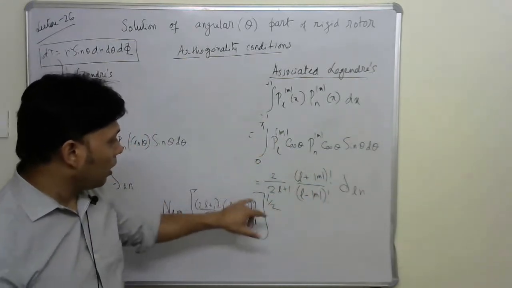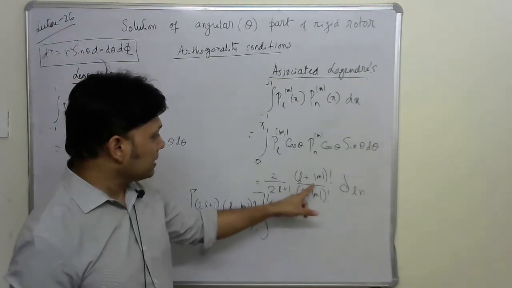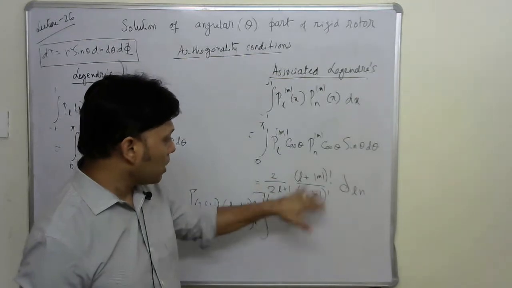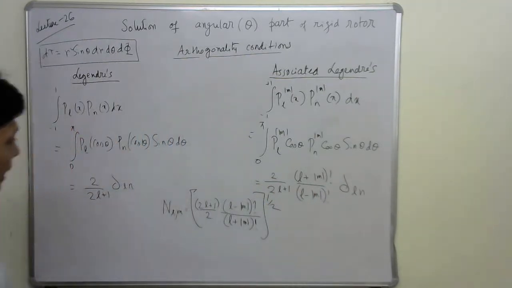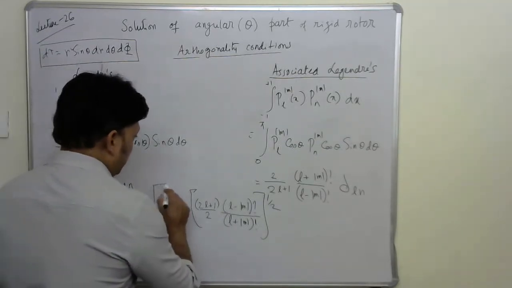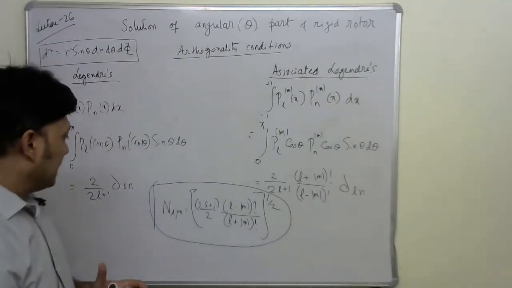Okay, so we are already familiar with this part, and now this is L plus modulus m whole factorial divided by L minus modulus of m whole factorial multiplied by the Kronecker delta Ln. And at the end, this is the expression for the generalized normalization constant NLM.